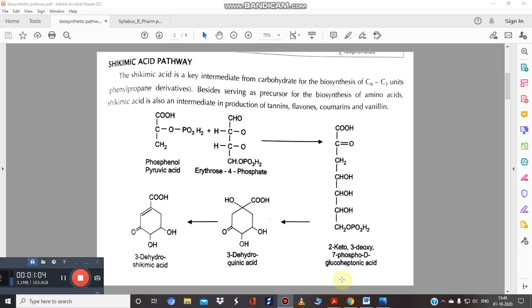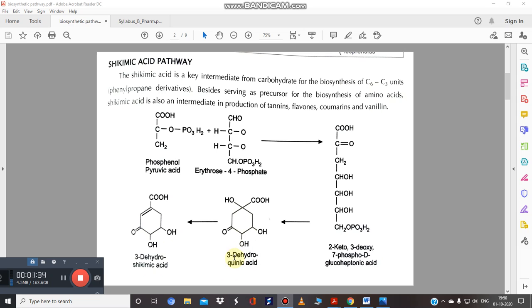So the glucoheptonic acid is produced, and this will undergo dephosphorylation, the removal of the phosphoric acid group, and via cyclization it will form 3-dehydroquinic acid.